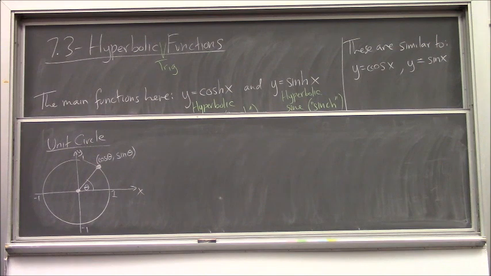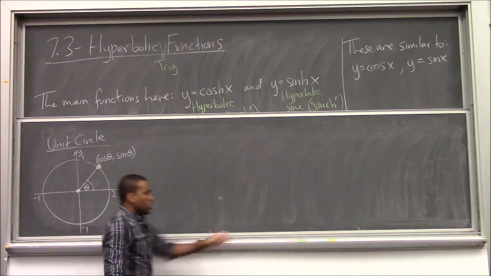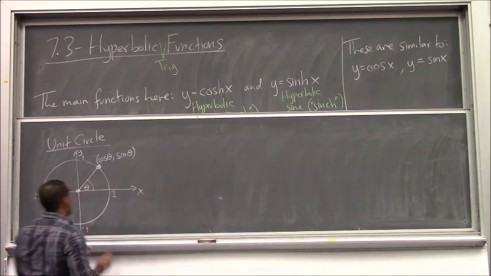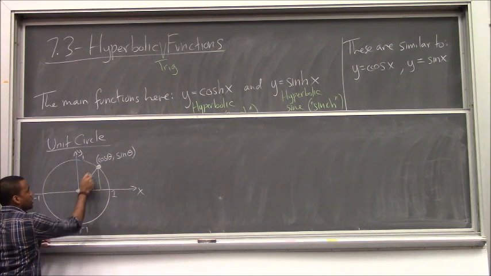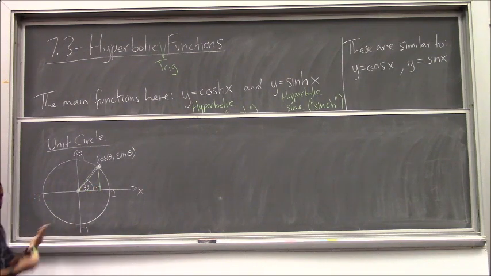Right? And the word trigonometry comes from triangle because we could actually create a right triangle using this idea, and we could derive a lot of rules from the trig functions using right triangles and Pythagoras' theorem and all that good stuff. So that was what the cosine and sine was.